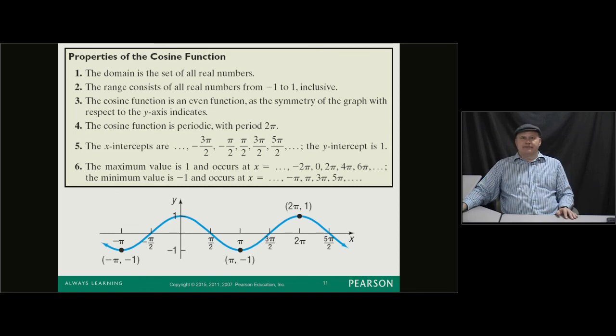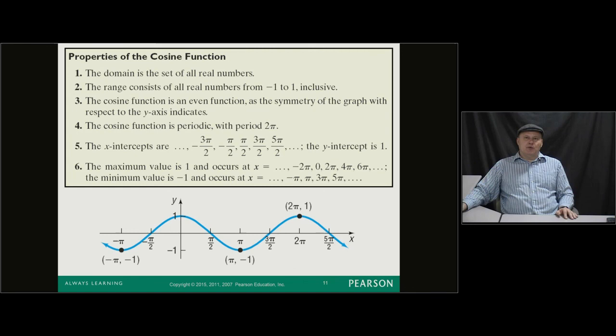It starts its downward flight. All right, so the x-intercepts are at negative 3 pi over 2, negative pi over 2, pi over 2, 3 pi over 2, and 5 pi over 2. The y-intercept is 1, as the graph illustrates. And then you can look at the maximum values.